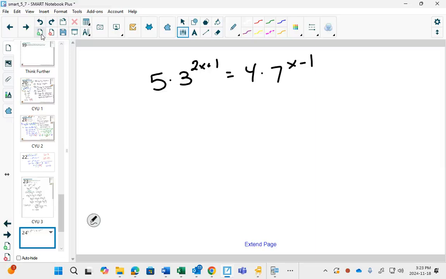This being the most complicated one, you will have to write a lot of logs. So I'm going to use natural log to save us at least 3 seconds. We can't get any powers by themselves, so we have to take the natural log of both sides.